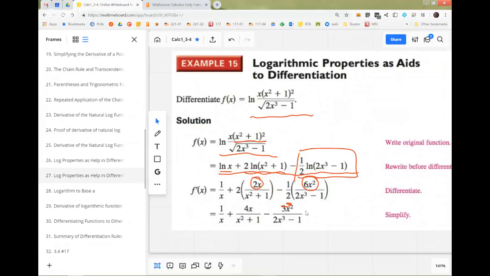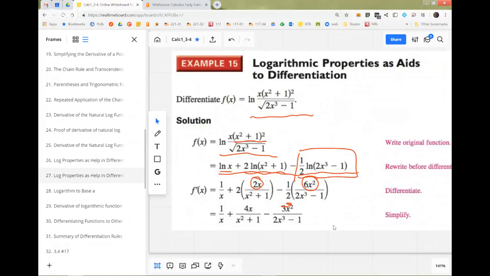And then it's just a matter of algebra from there on in. The 2 times 2x can be written as 4x on top. Here we have 1/2 times 6x squared. That's 3x squared. And they didn't bother getting these 3 fractions together, which I'm happy they didn't.